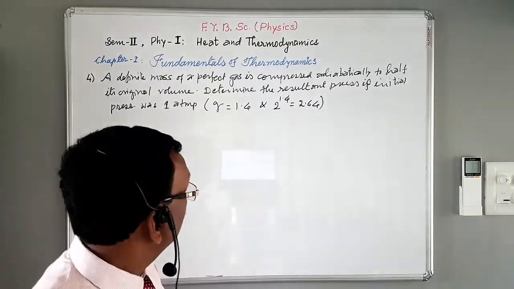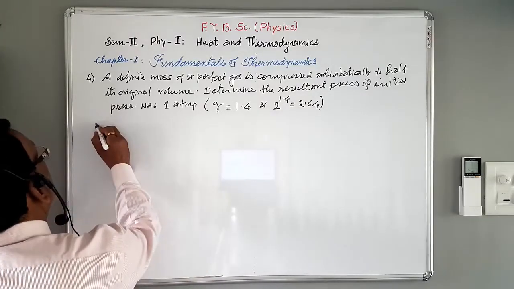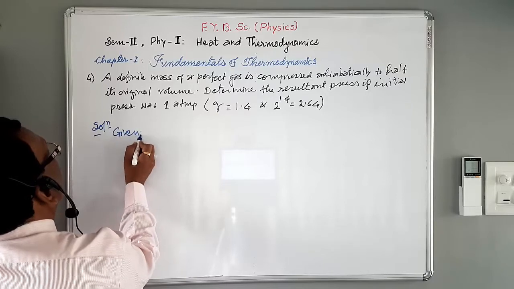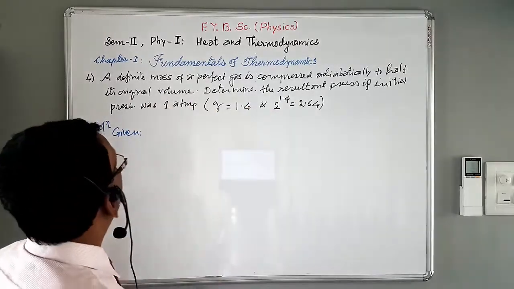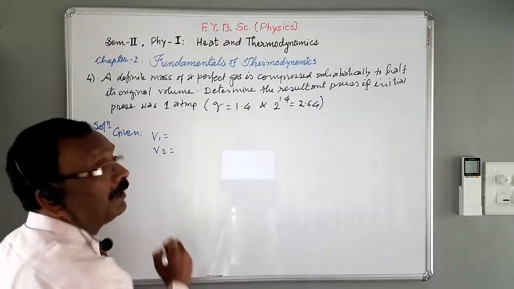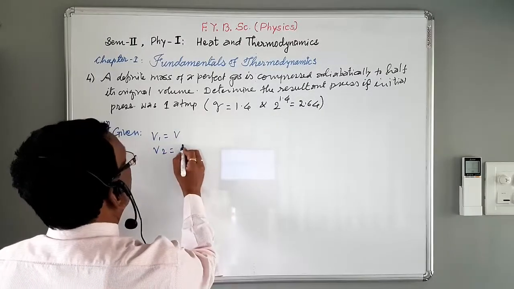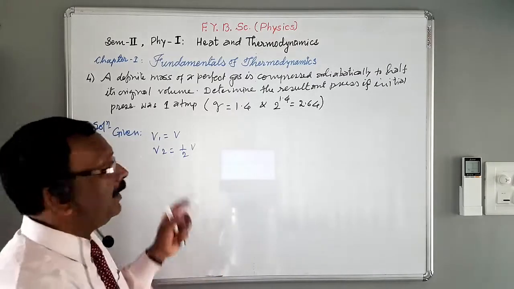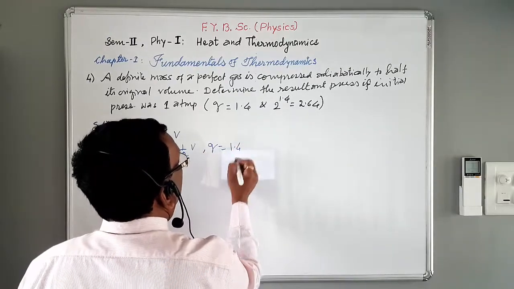So, in order to solve this problem, what is given? Solution. Given: V1 and V2. V1 is equal to V and V2 is V by 2. Also the value of gamma is given, 1.4.